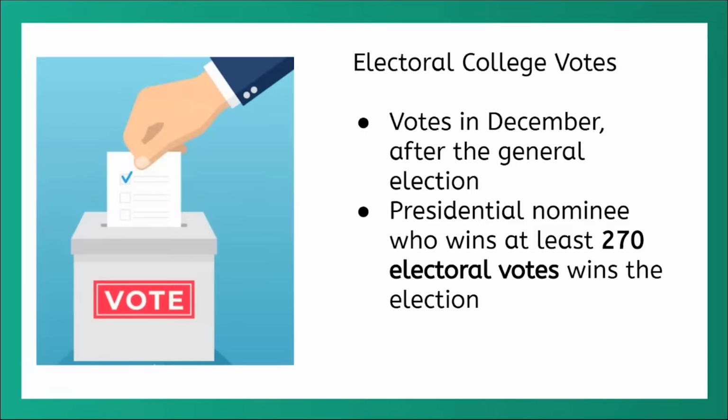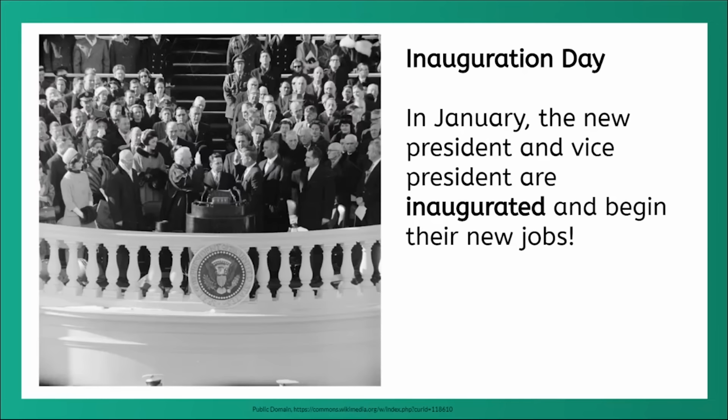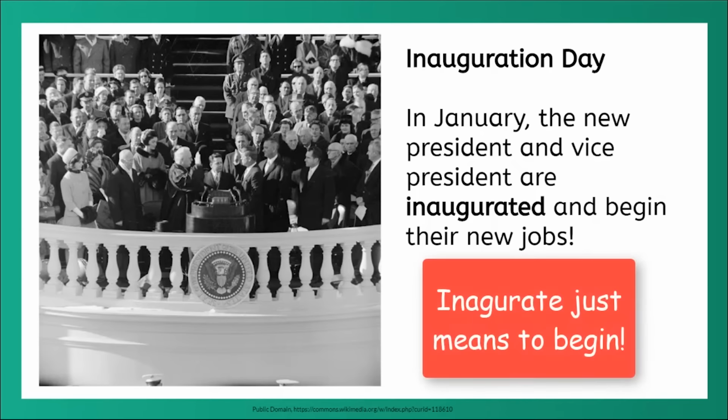The Electoral College votes in December, and the presidential nominee who wins at least 270 electoral votes, which is more than half of all the Electoral College votes, wins the presidential election. The newly elected president and vice president are inaugurated in January. Being inaugurated is just a fancy word for saying they begin their jobs as president and vice president.